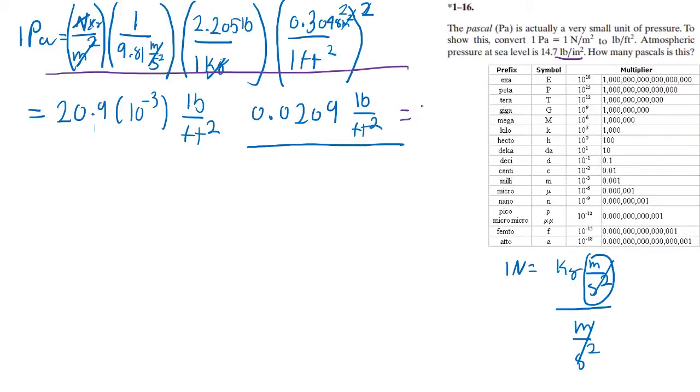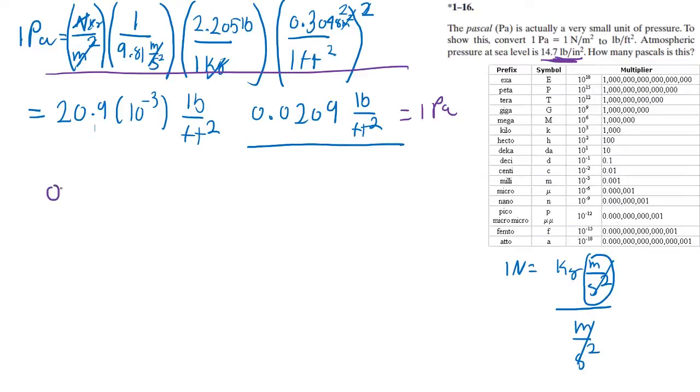This already equals 1 Pascal, right? If we just convert this to pounds per inches squared, we could use our instant conversion for how many pounds per inches squared are in 1 Pascal to find the pascals instantly, instead of going through this entire process. If you don't understand what I'm saying, I will show you real quick.